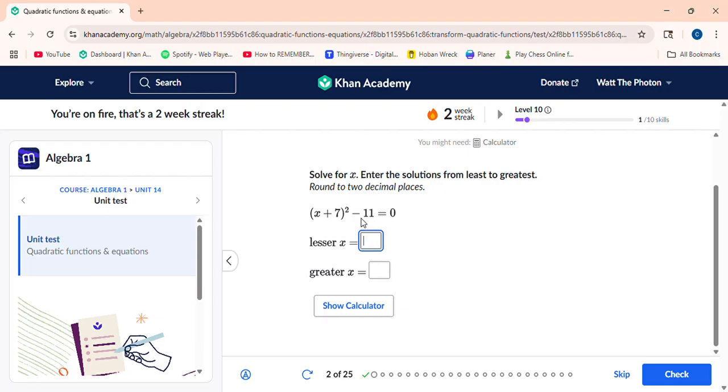Is there a simpler way to do this? Where's the square root sign?